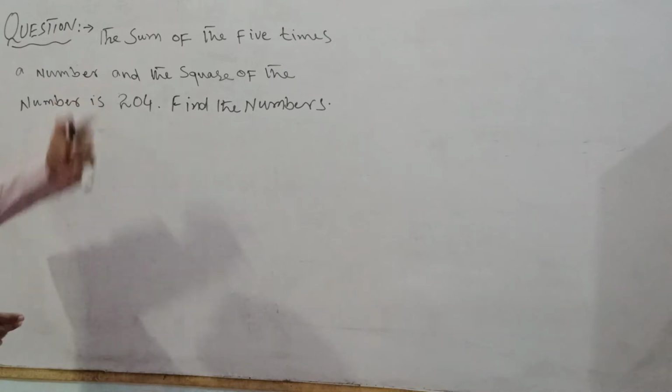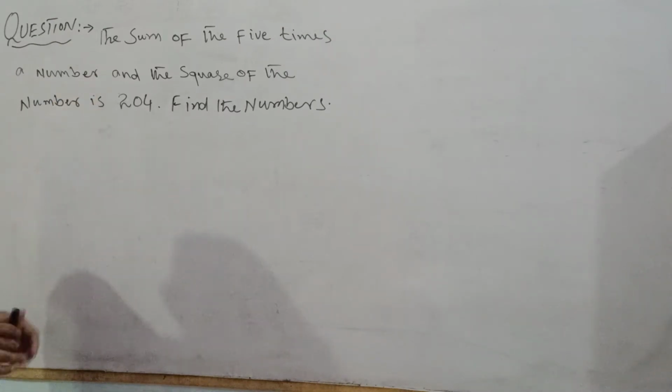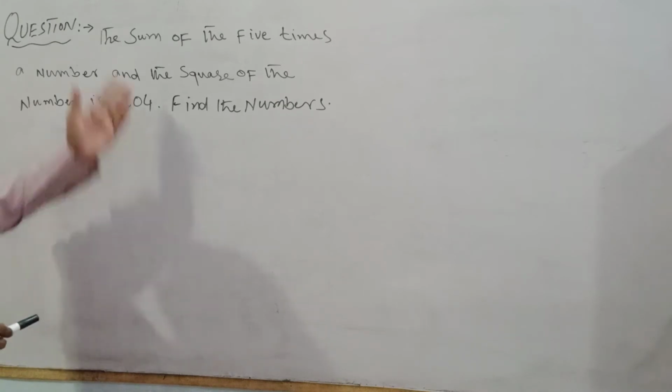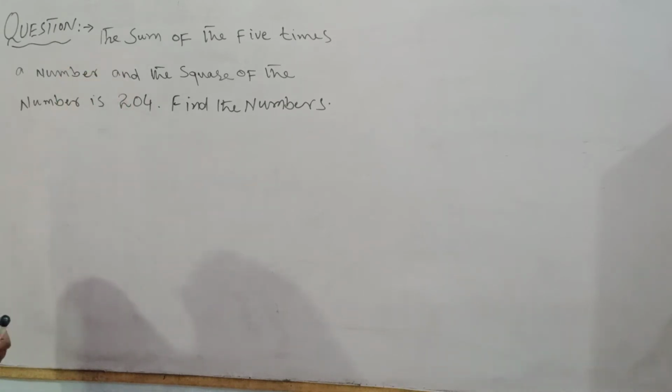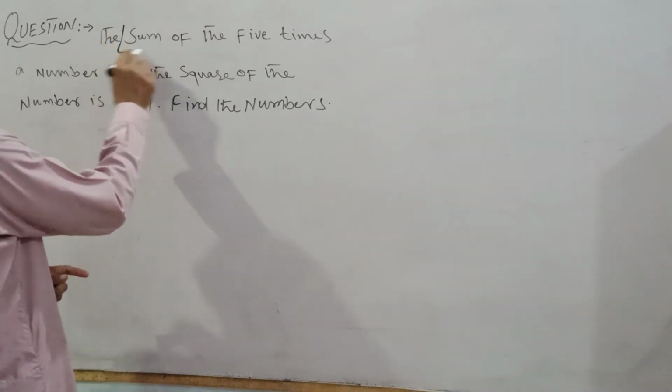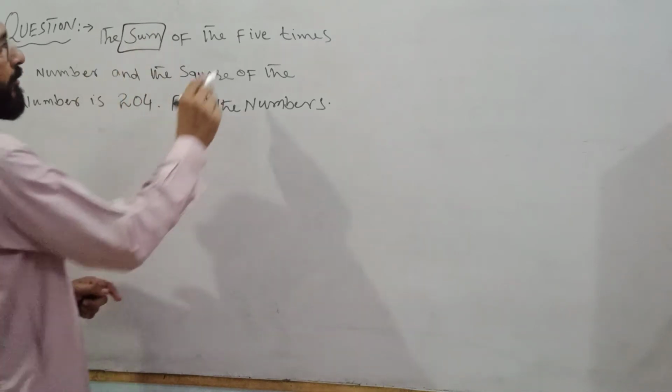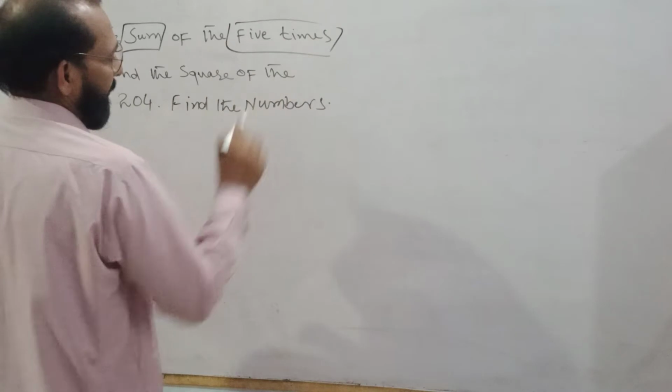The question is here: the sum of 5 times a number and the square of the number is 204. Sum of the 5 times. First of all, we have to collect the data. First value is sum and the second is 5 times.